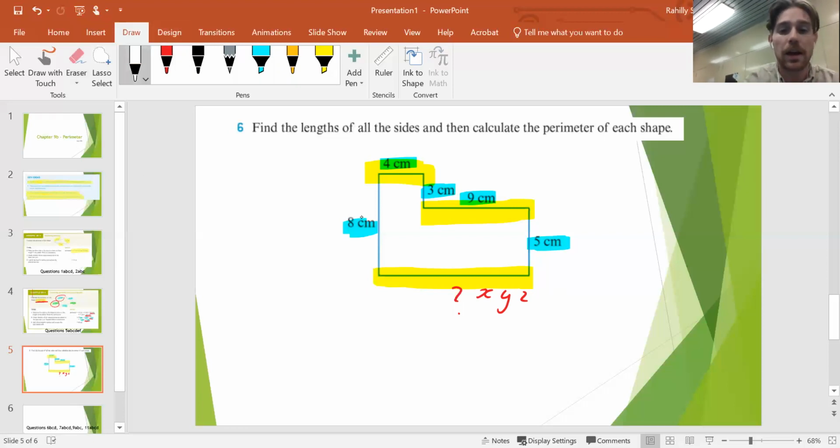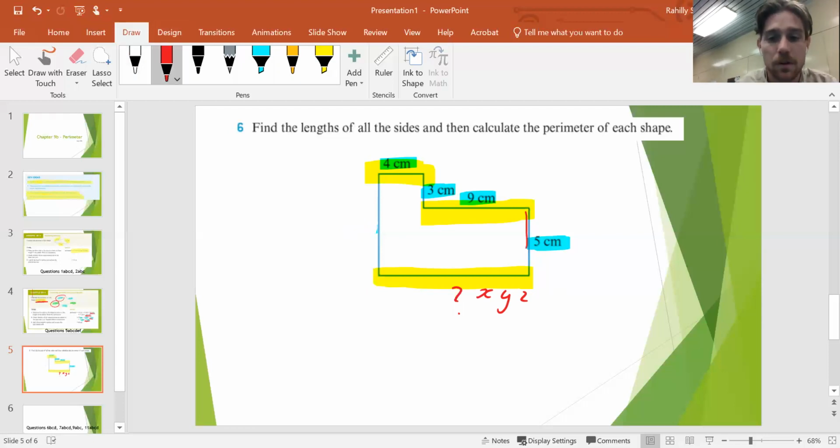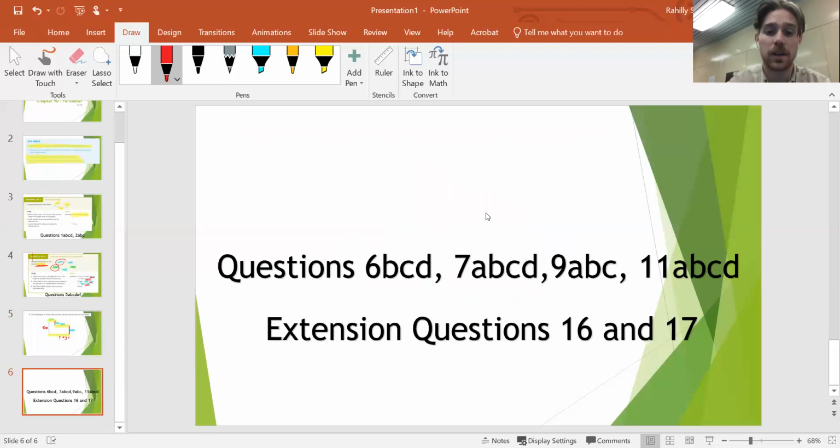If this 8 centimeters here was an unknown, you would look at this 5 and this 3, because together the 5 and the 3 make 8 centimeters. That's how we work out any unknowns. You look at the other side, see which sides correspond, and then add them together.